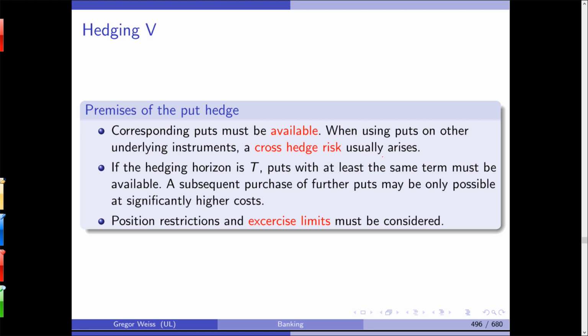And it might be that you have exercise limits. This looks nice theoretically, but in practice, a bank will be able to do this.